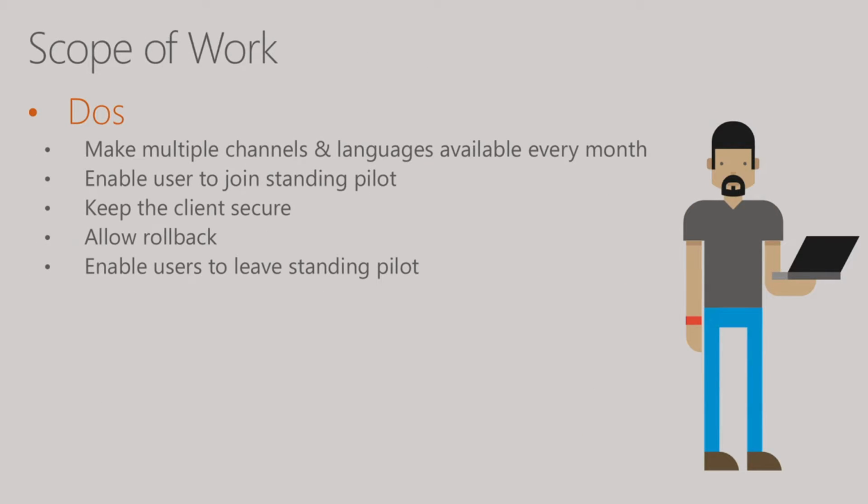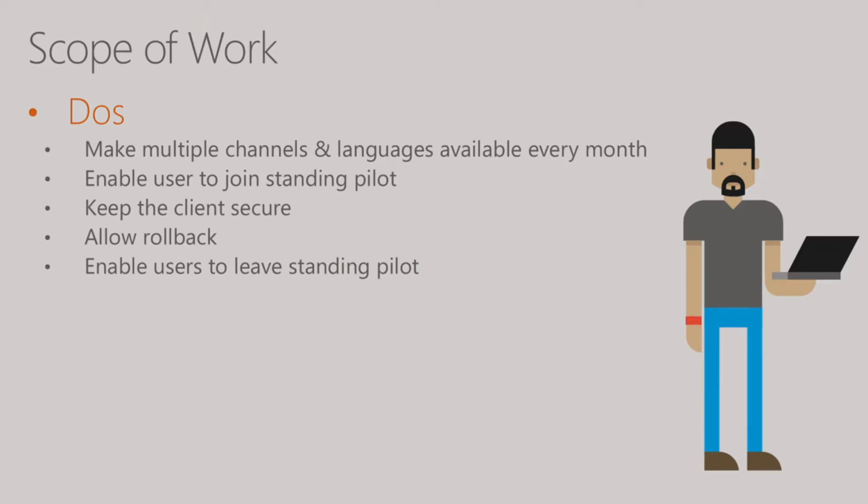So on my to-do list then is, I'm now responsible to make multiple channels with multiple languages available in my environment every month. I must create a way that users can join the standing pilot, being updated to this feature state.